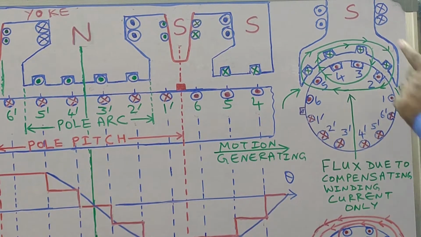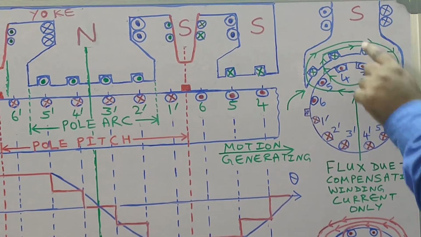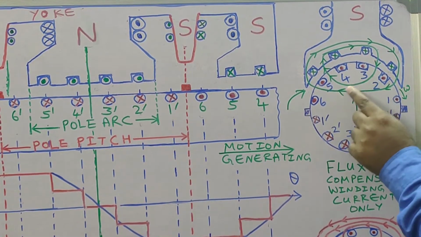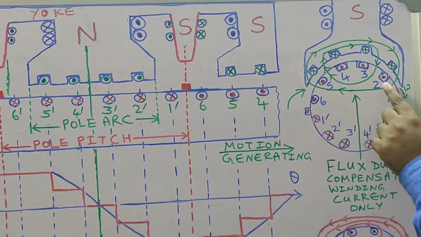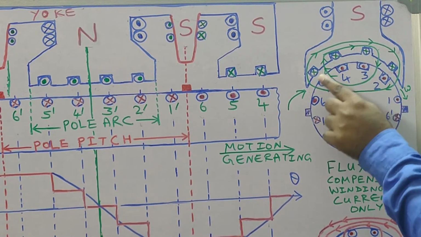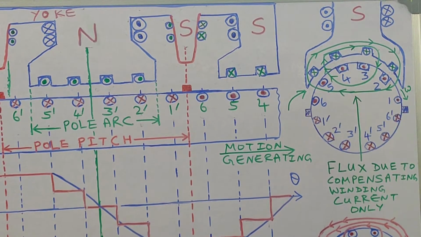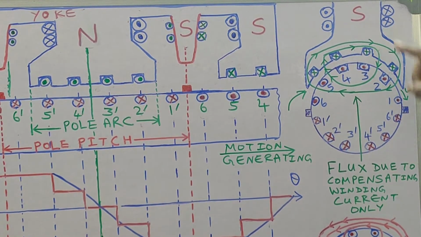So you see, under the south pole face, what is the polarity of the armature conductors? Dot. So that's why these compensating windings placed in the south pole face will have cross current in them.